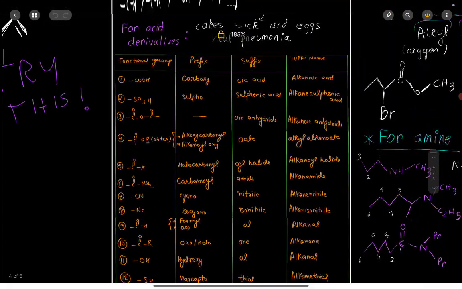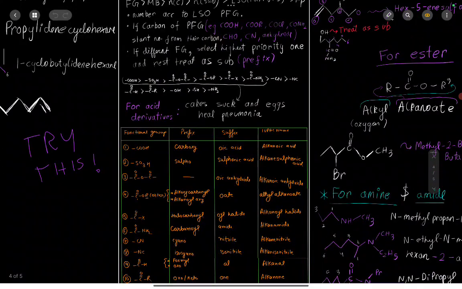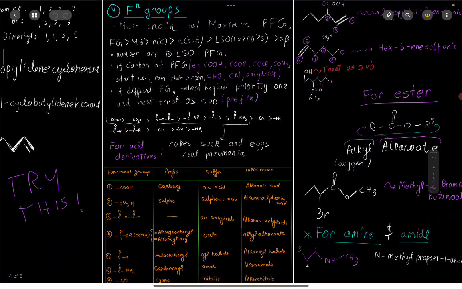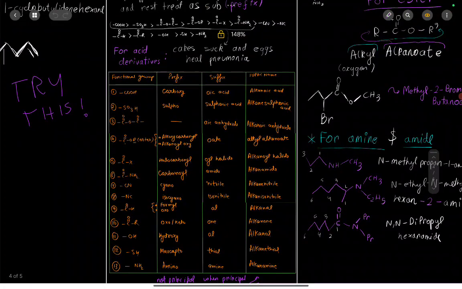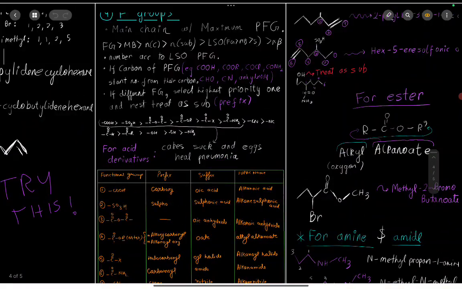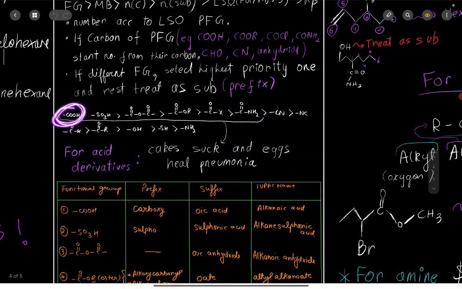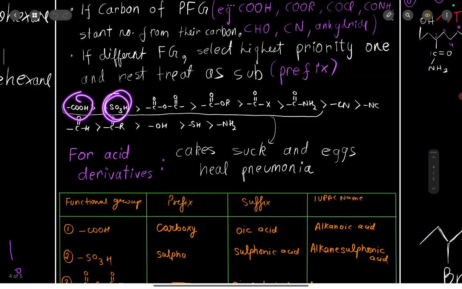As a general rule, if the functional group in question is a principal functional group, then use the suffix. And if it's a non-principal functional group, like it's not the highest priority in the entire compound, then use the prefix for it. And as another generalization, there can only be one principal functional group in the entire compound. Like, there can be multiple carboxylics in one compound, but you cannot say that both carboxylic and sulfonic acids are principal functional groups in one compound.